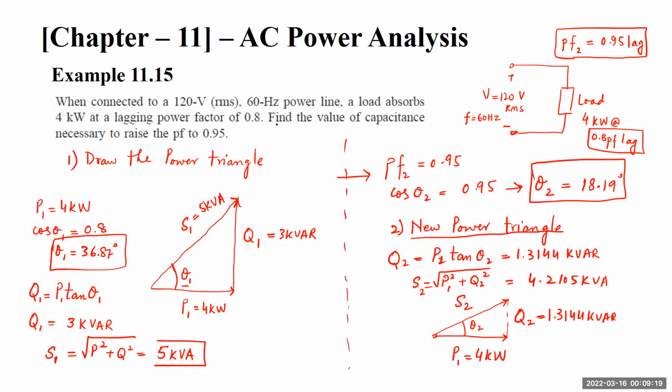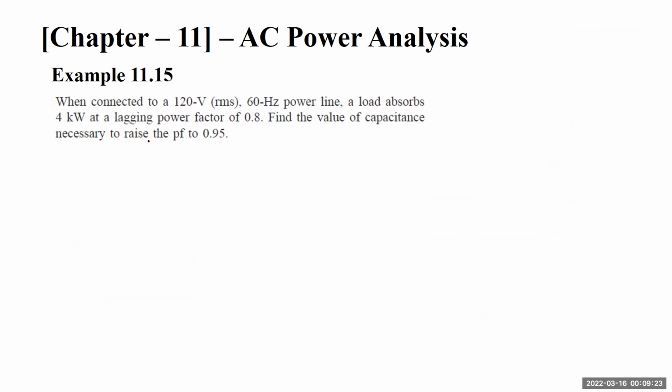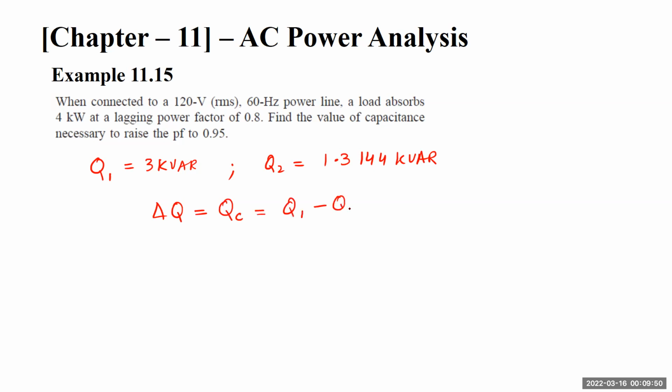Now we have to find the value of capacitance. Remember, my Q1 was 3 kVAR, and my Q2, after the improvement of power factor, was 1.3144 kVAR. So the delta Q that is supplied by the capacitance, or QC, will be Q1 minus Q2.